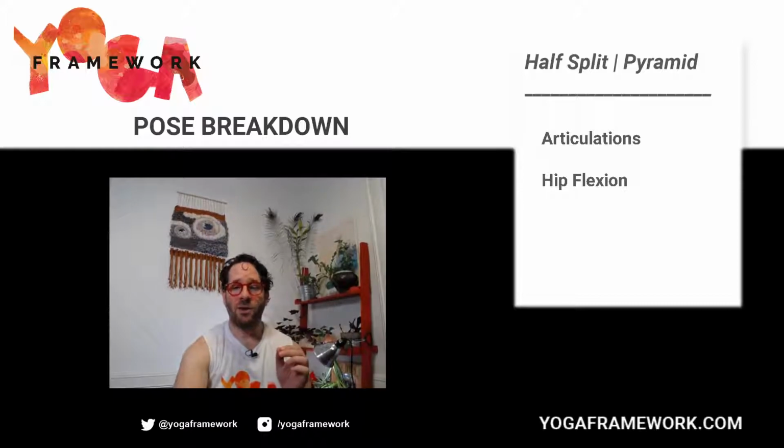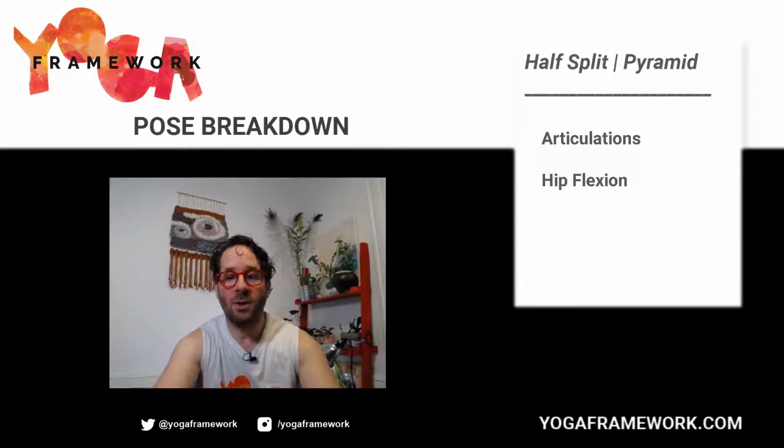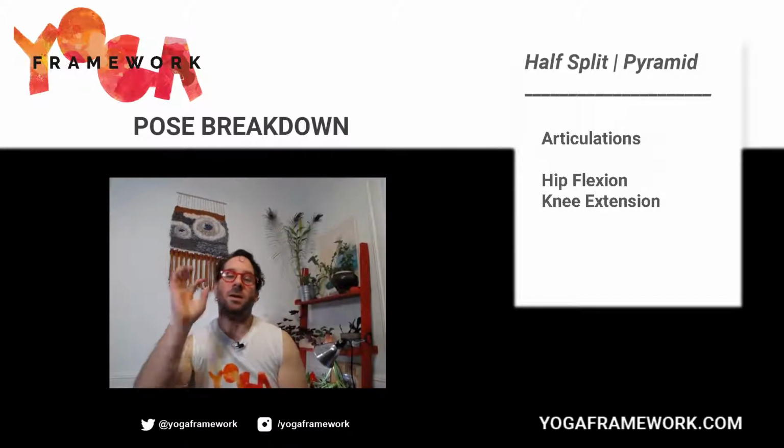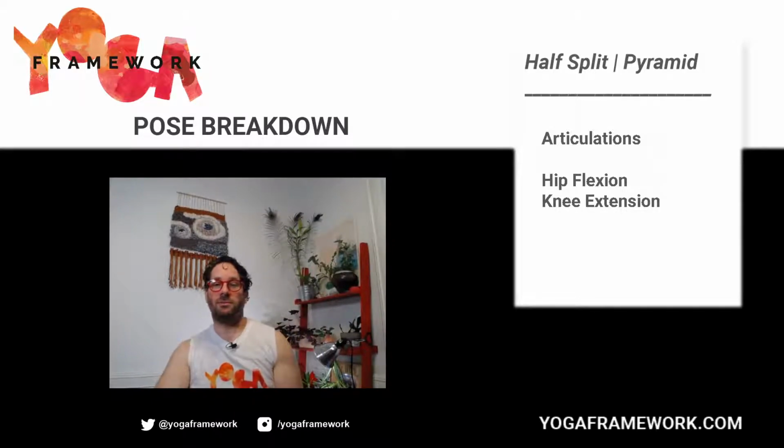What do we have next? Just like every other fold, we have knee extension. Knee extension is important, but it's secondary. Hip flexion is always the primary. Knee extension is the secondary.